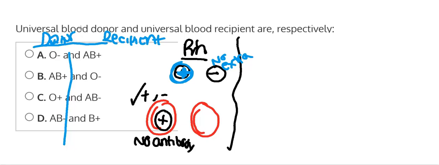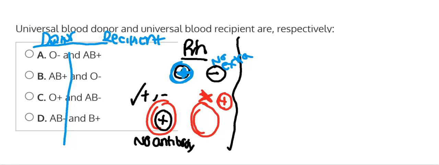If there is a type of blood that is negative, meaning nothing is there, it has no extra trait, it doesn't have this positive trait. But because it doesn't have this positive trait, what it does have is antibodies against the positive. So it cannot get positive.